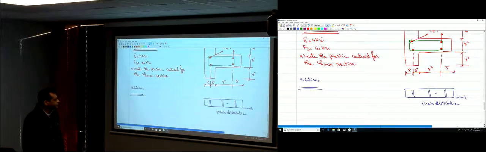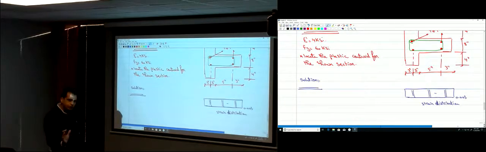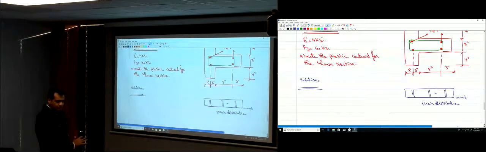If you have a uniform strain like this, how will the stress look? You have two different materials here, concrete and steel. If you have the strain of 0.003, how much is the stress in the concrete? 0.85 f'c, the maximum stress, right?